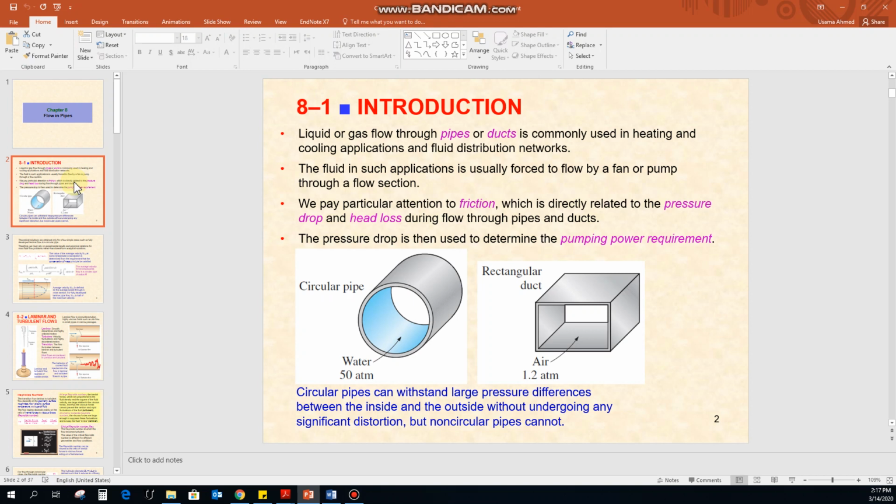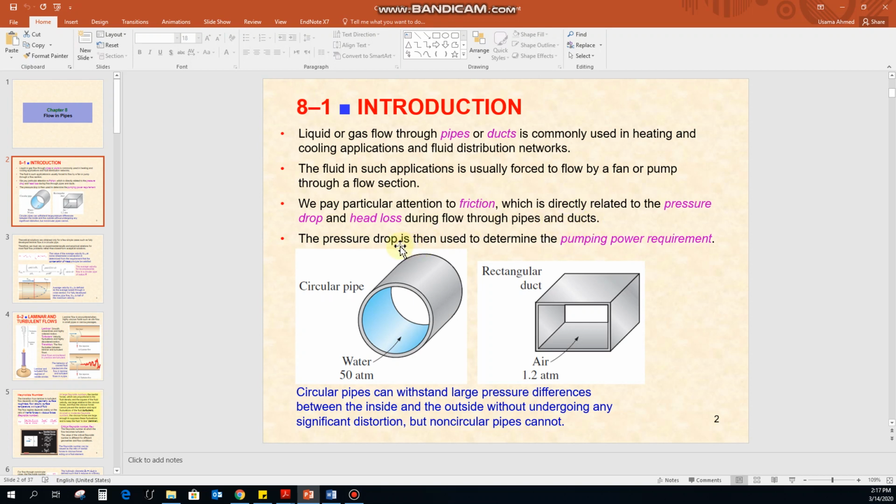We pay particular attention to friction, which is directly related to the pressure drop and head loss during flow through pipes and ducts. So whenever some fluid flows in the pipeline, there is some pressure drop, and due to that pressure drop, some heat is generated in the pipelines. Although that heat generation and the temperature change of the fluid is very minimal, we cannot ignore the fact that wherever there is friction, there is some generation of heat.